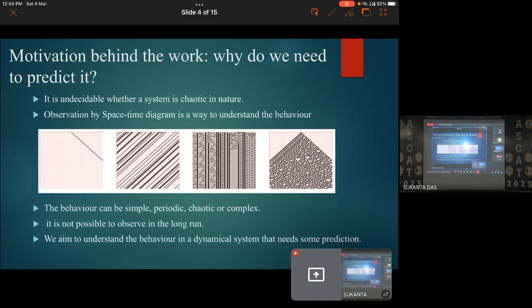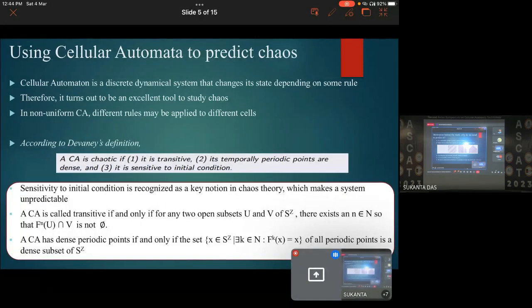So basically, as chaos in nature is undecidable, by observation it is not possible to understand the behavior properly, and that is why we need a solution, and the solution is to identify the behavior by parameterizing it. This is the motivation behind our work, that we need to parameterize the system so that it does not need only the observation, but we can by only seeing the rules understand that the system is a chaotic system.